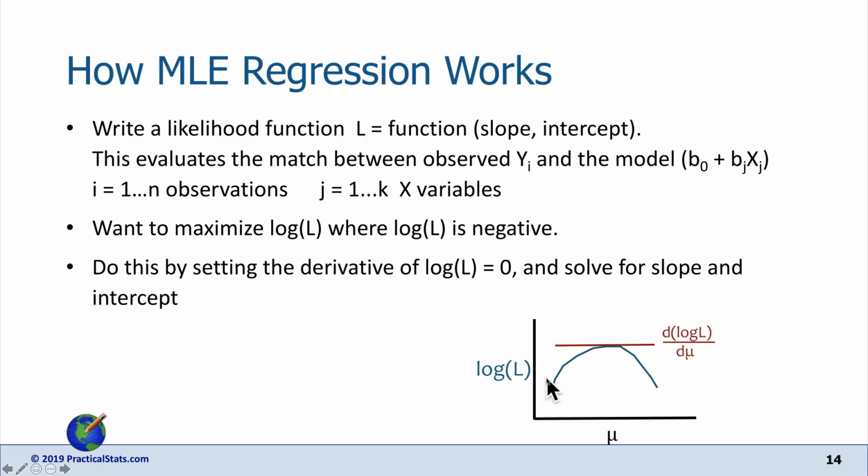And in the best case scenario, if there was a perfect regression equation with no error, it would have a value L of 0. So you're trying to get it as high as you can. And so you pick the peak here at the top, and that's going to be the intercept and slope from an optimization. That is the intercept and slope that were most likely to produce the data that you observe.